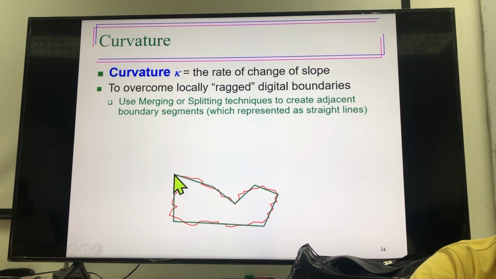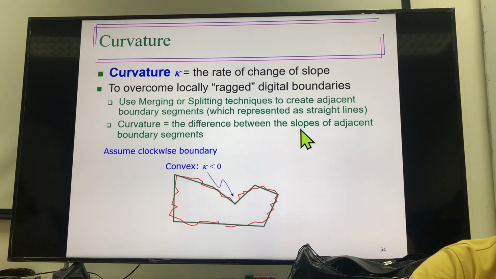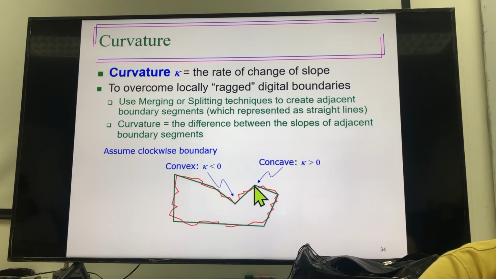And at each point of changing slope, that's the curvature. Over here, suppose we assume a clockwise boundary. So this is where the curvature is less than 0. When it's a straight line, there is no curvature. And at this point is another curvature, K is more than 0.